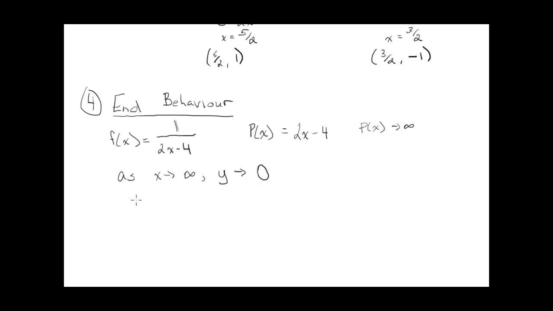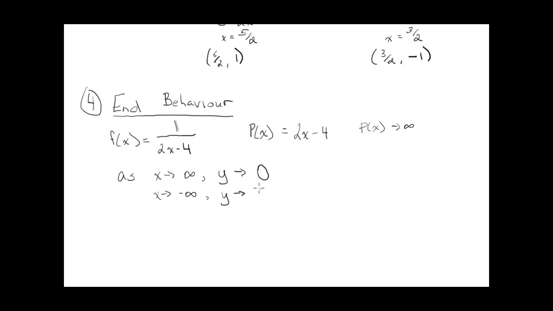0. If you go as x goes to minus infinity, y is approaching, again, what would be happening to this? P at x would be approaching negative infinity in this case, if you put in a very large negative number. So 1 over a very large negative number, 1 over negative 1,000, 1 over negative 1,000,000, is a very small number.